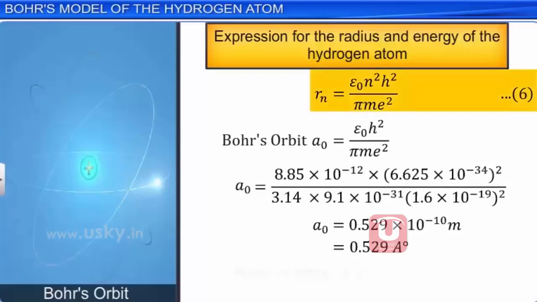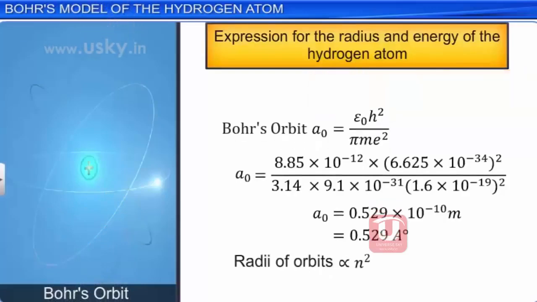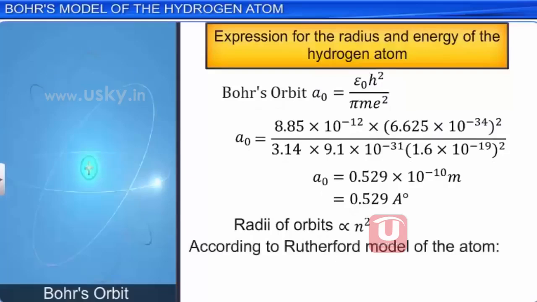According to Rutherford's model of the atom, the energy En of an electron for a particular orbit of radius rn is equal to minus e square by 8 pi epsilon naught rn, where n is the principal quantum number. Let this be equation 7.